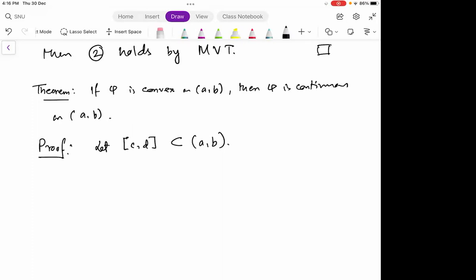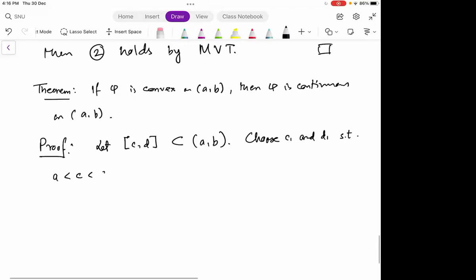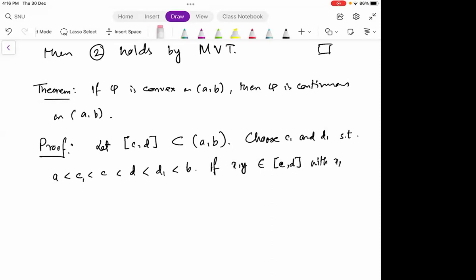Take a compact subinterval. Choose C1 and D1 such that A less than C1 less than C. I want to put C1 between A and C. And D less than D1 less than B. So CD is right in the middle.